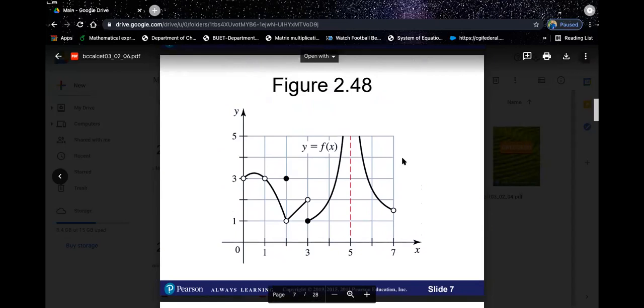Now let's see this graph and see if the conditions are satisfied. Let's say I'm trying to find whether the function is continuous at x equals 1.